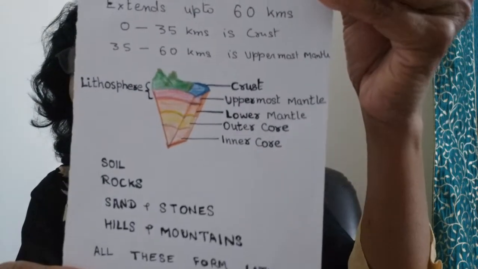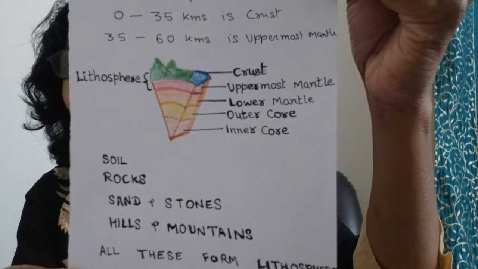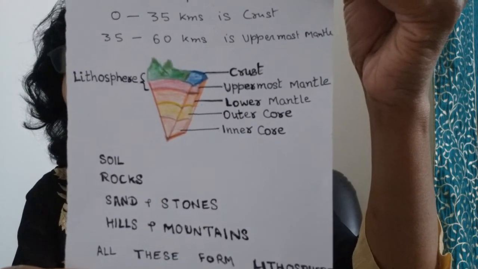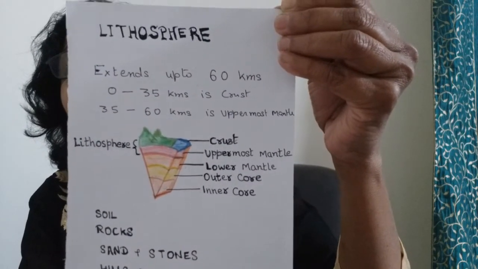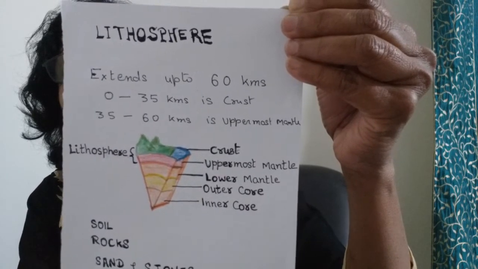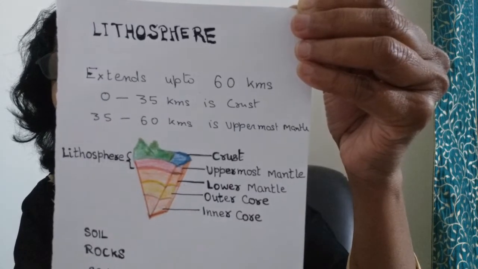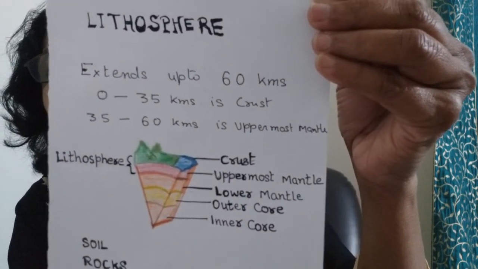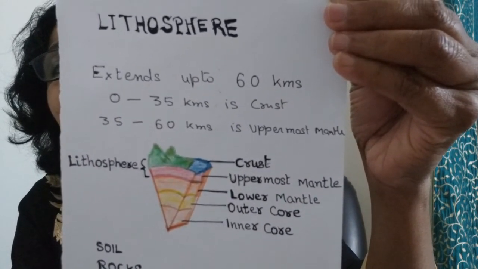And the lithosphere is made up of soil, humus, sand, stones, rocks, hills and mountains. All these things are there in the lithosphere. So lithosphere is also made up of minerals and ores. You can draw this diagram showing all the layers and telling where the lithosphere stands in this figure.